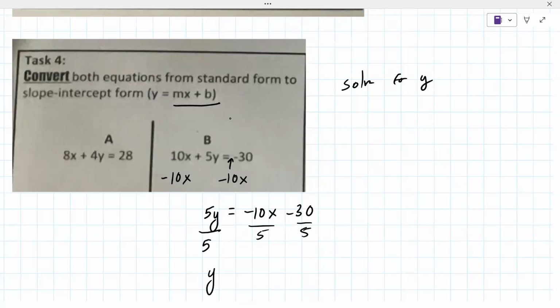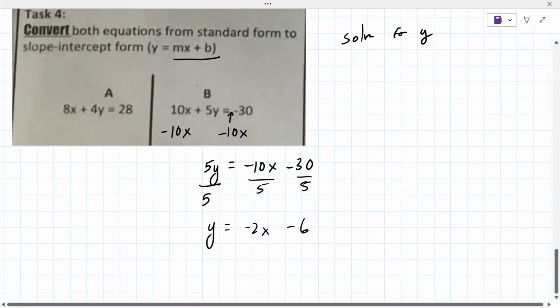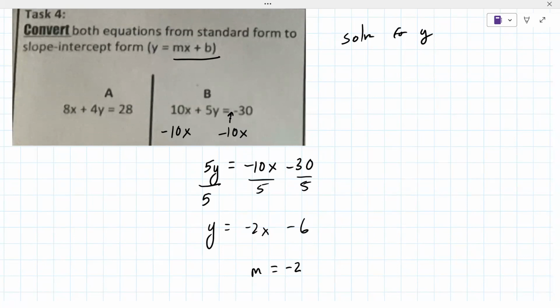So then it's y equals -2x minus 6. The slope here is -2. Why don't you try solving the other one, just like I did here, and tell me what you come up with.